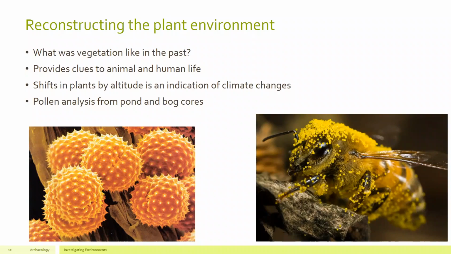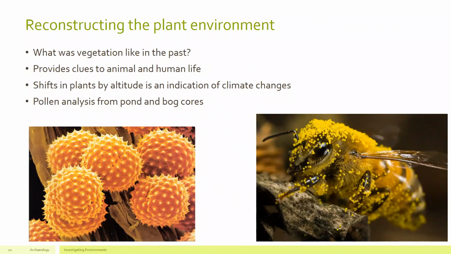Shifts in plants by altitude also is an indicator of climate change. As the climate warms, we see plants going further and further up slope in elevation when they typically have a narrow range of tolerance. We see that shifting upwards until the conditions surpass the peak, and then some of these species may go extinct in different regions.